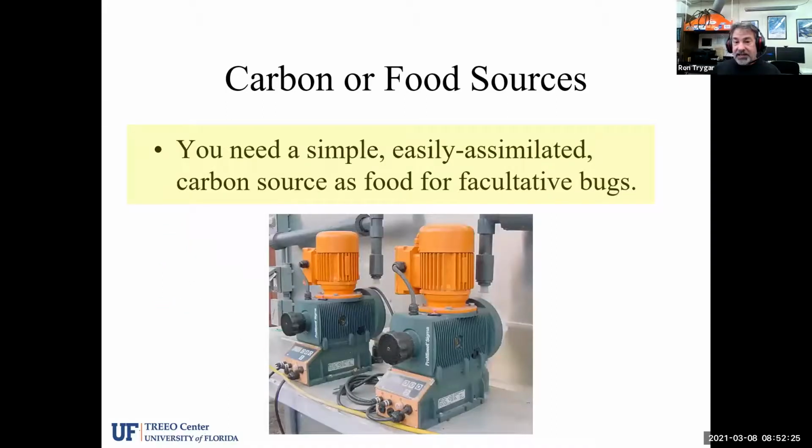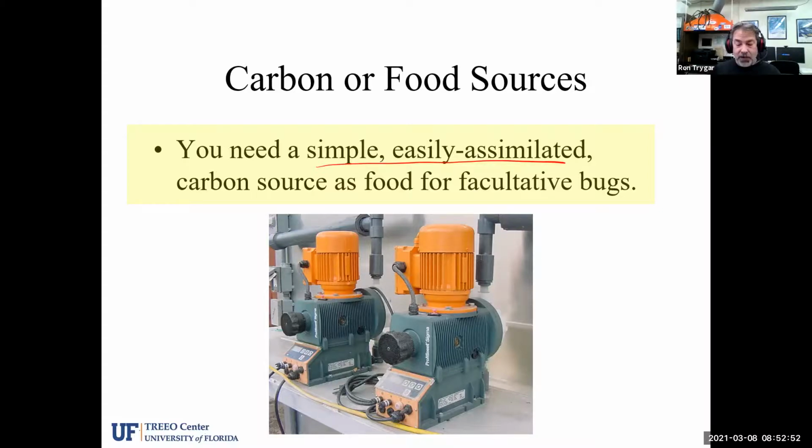So what you really need here, again, remember that it needs to be a simple, easily assimilated food, easily brought into the cells of these facultative bacteria. Remember, they don't have mouths. We don't want to feed them chunks of food. We want something that is easily brought into their cells through osmosis. And the carbon needs to be available to them in a simple form that can be brought into the cells somewhat rapidly.